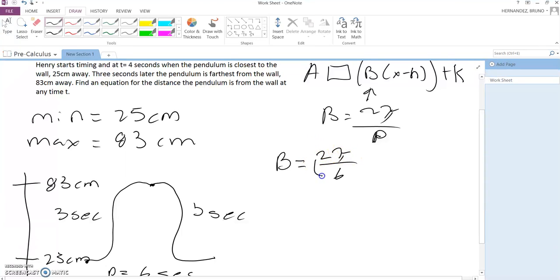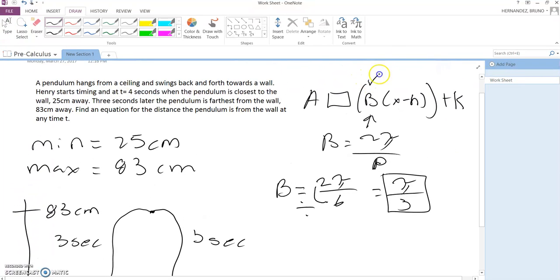So when we do it, we have to divide, which gives us b, pi over 3. So now we can check that out. Now we know that in the equation, it starts at 4 seconds, which is a horizontal shift, which is here for h.